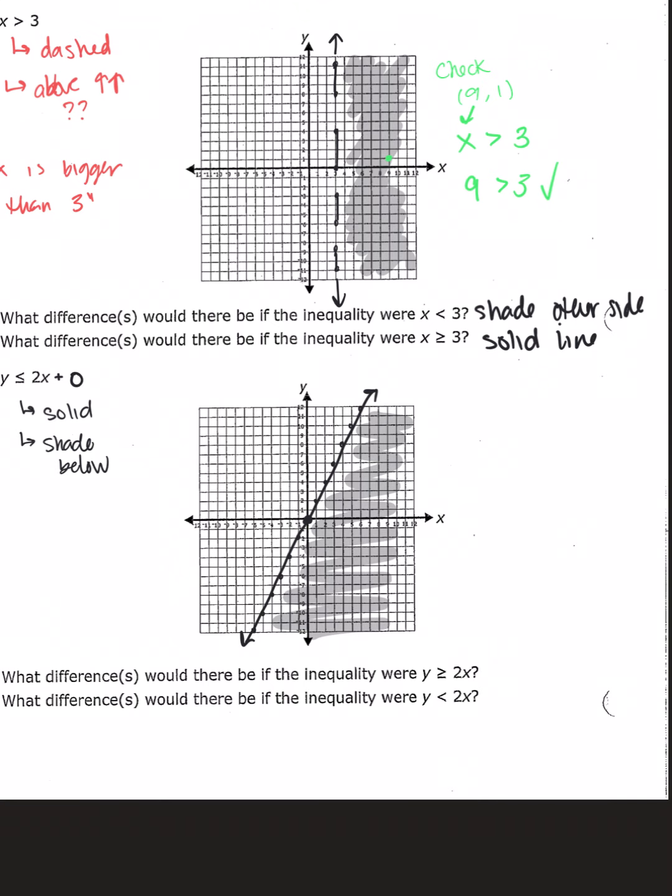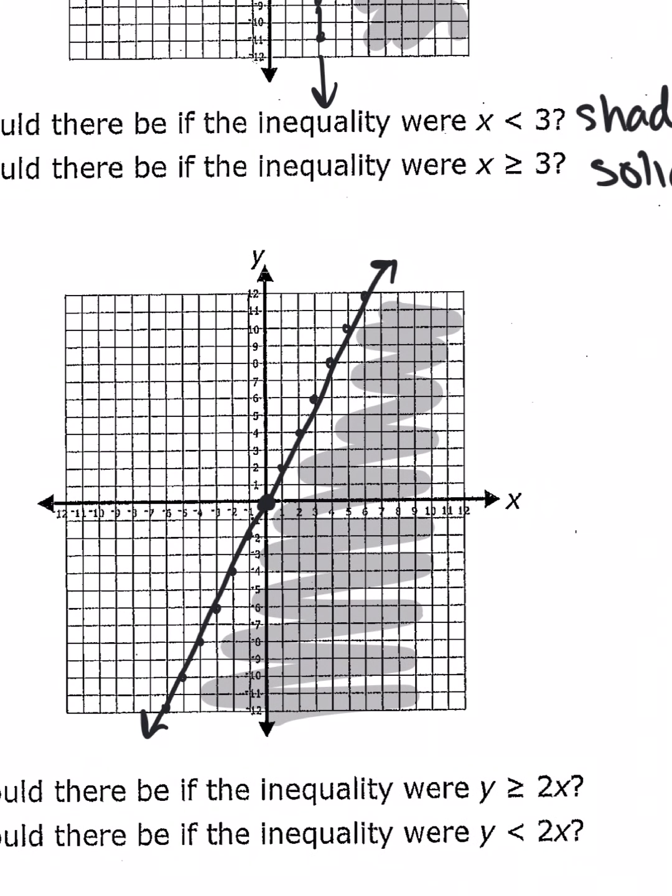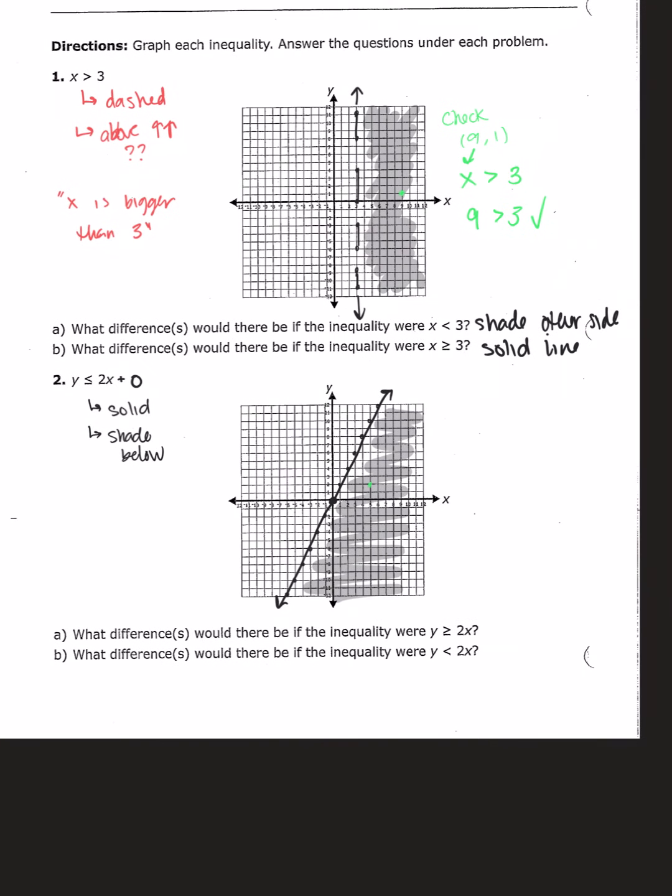And if I wanted to, I can check a point. I think that I should be shading this side of my graph. So let's check if 5, 2 is a solution. That's in the part that I shaded. Does this actually fit in my inequality? Well, my inequality says y is less than or equal to 2x.